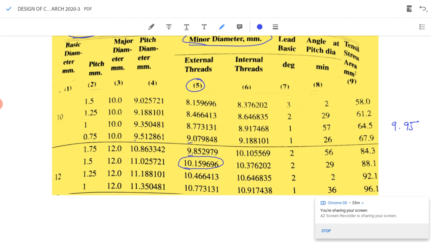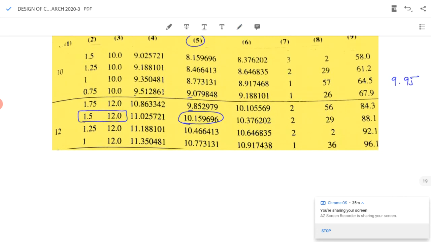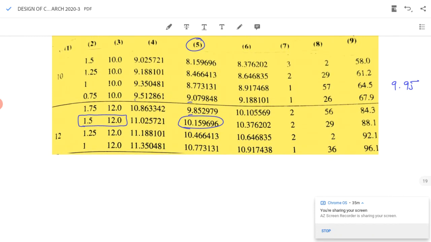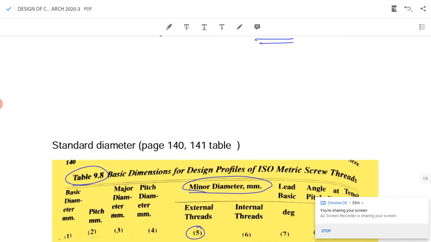So for that, what are our values? 12 and 1.5. 12 is the major dia or the basic dia, and 1.5 is the pitch. So my specification of the bolt will be M12 by 1.5. How many bolts were used? Number of bolts equal to 2. Okay, there is a change. There is an addition in the answer.